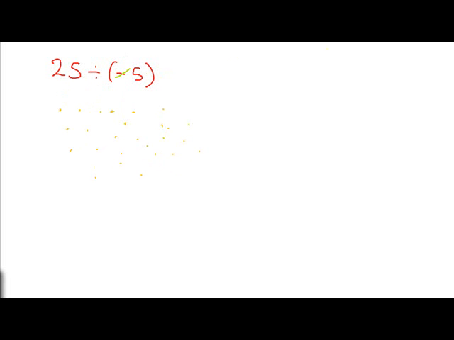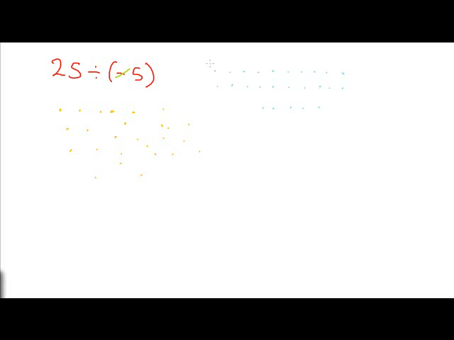Let me draw this in a more civilized way: 1 through 10, 11 through 20, 21 through 25. So if I separated this into 5 groups, how many objects would there be in each group?